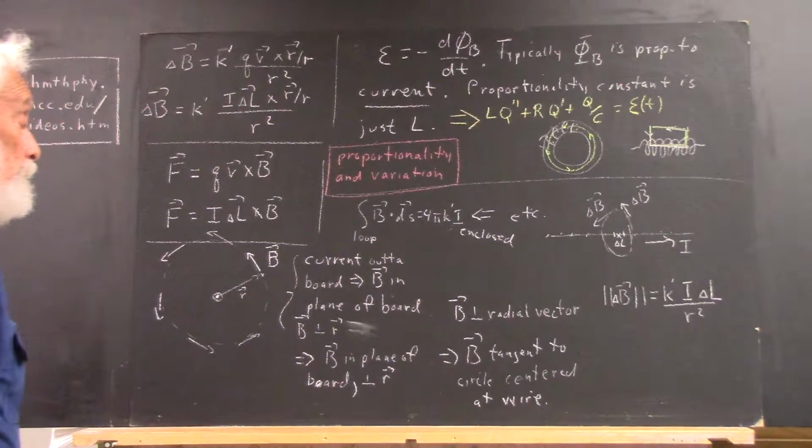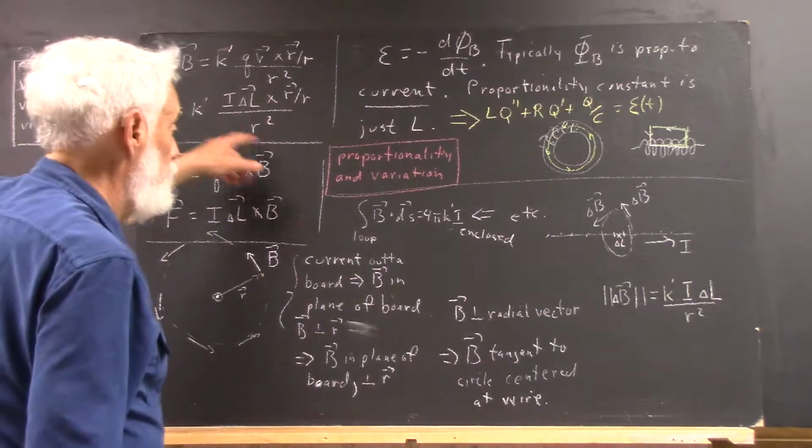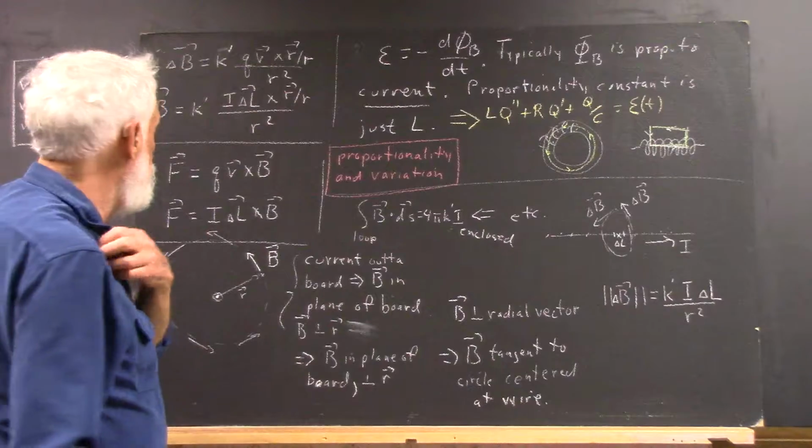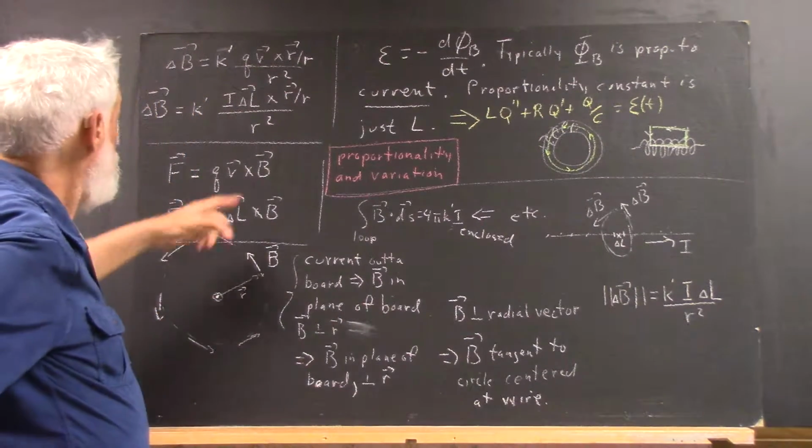The magnitude of the B vector, or the contribution, the delta B contribution, is just what?